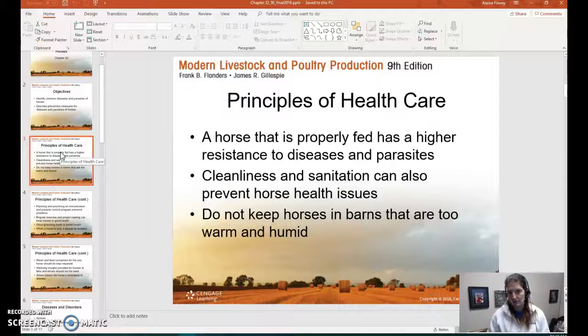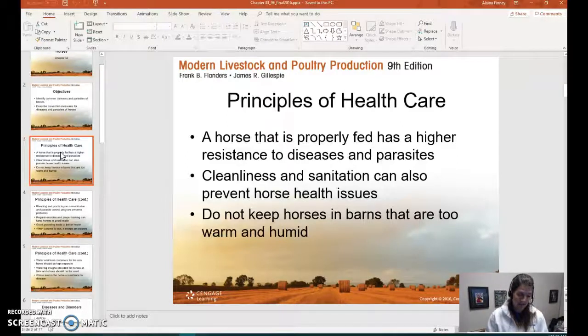For example, the Kentucky Derby is one of the biggest gambling areas that we have, but it is important to understand them and the importance of their health, because diseases are the number one issue that we lose a horse to. And they're very finicky. They're kind of like humans that walk around on four legs, in my opinion. And so they have to have a little bit of extra special care.